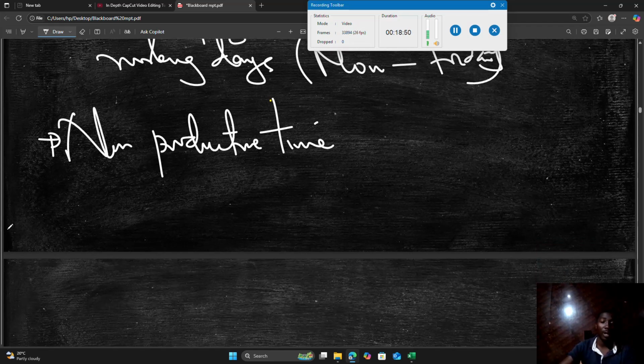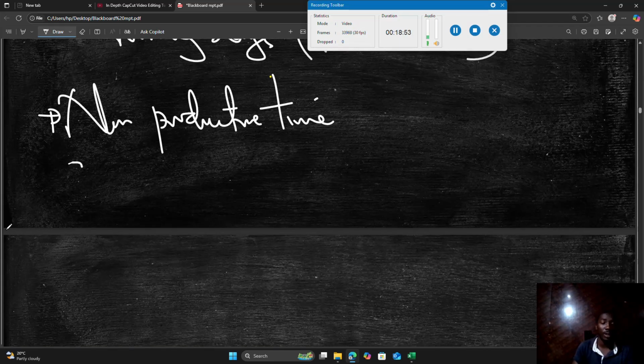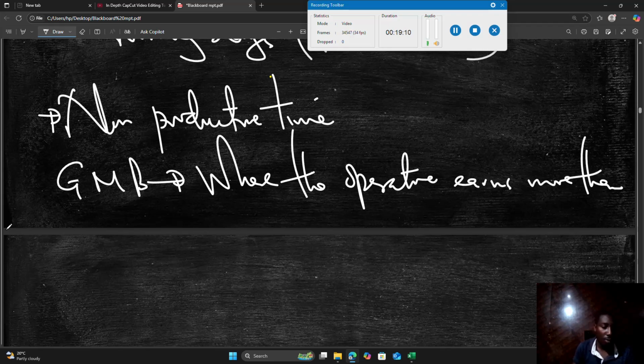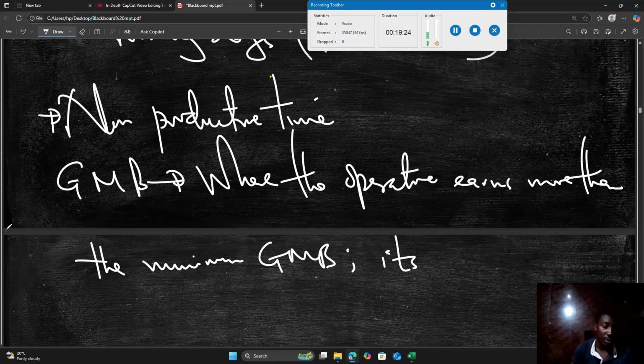When we talk about the guaranteed minimum bonus, this is issued where the operative earns less than the GMB minimum.